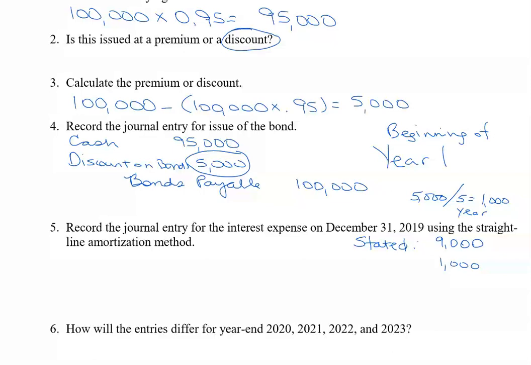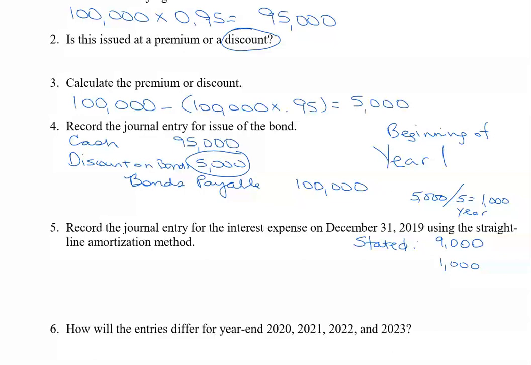But would that increase interest expense or decrease it? Did that discount on the bond that was issued represent additional cost for the company or additional income for the company? Let's think about that.